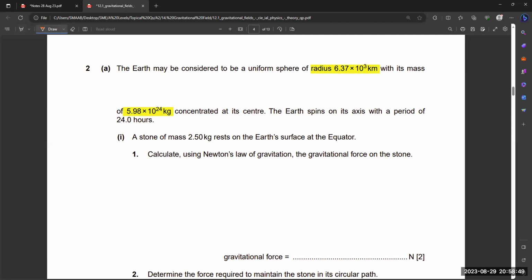So this is the time period. A stone of mass 2.50 kg rests on the earth's surface at the equator. So now we have another mass, right? Now you need to use the law of gravitation to find the gravitational force on the stone. I think that is very simple.